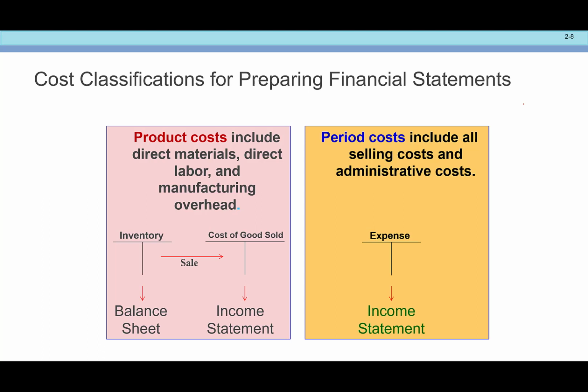Can a selling cost be a direct cost? It can? So even though it's not a product cost, it can still be direct, right? It's a period cost, but it can still be direct. What's an example of a selling cost that's a direct cost?